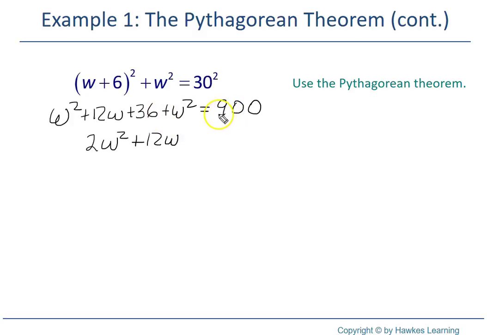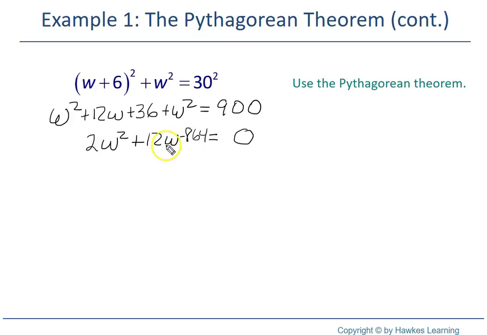Now, we're going to subtract 900 from both sides so that this becomes standard form. And this then gives me a negative 864 here. And leave myself that much room. Alright, so we're just bringing this 900 to the other side and subtracting it from this leaves us with this negative number.